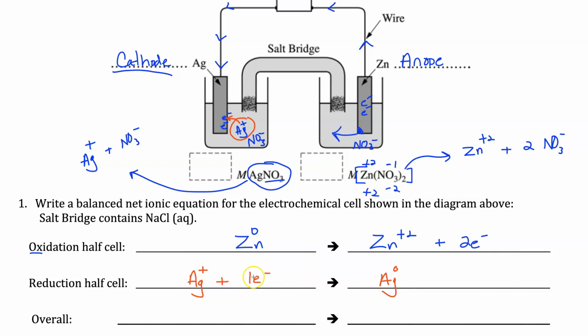Well, if it's positive, we know it's going to attract negatives, and it's going to stop once the metal reaches 0, which is the elemental state, which is the solid. Which means there's going to be what? Plating going on here. This electrode's getting bigger. This one's getting smaller as we make zinc plus 2. And I didn't draw that here, right? Solid zinc becomes zinc plus 2 and gives off 2 electrons that are pushed toward the cathode.